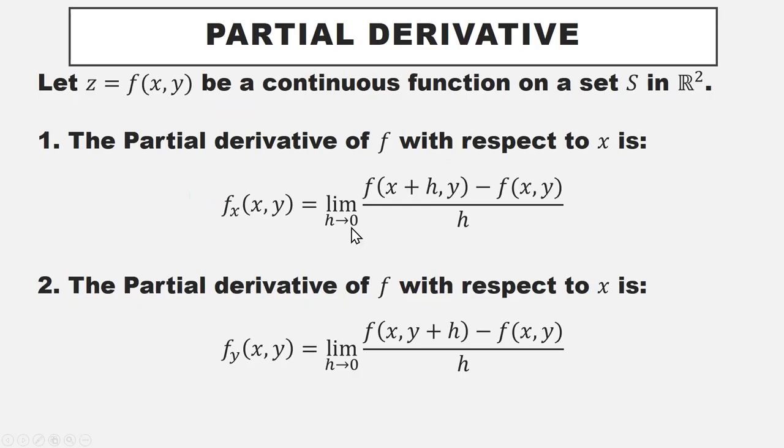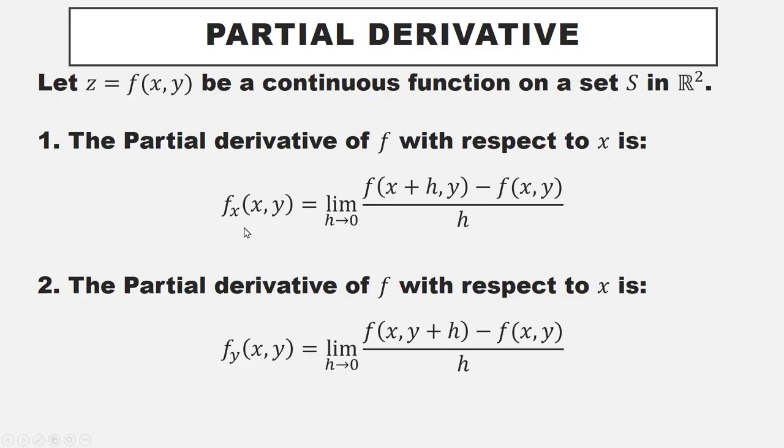Limit as h goes to 0 of f of x plus h comma y minus f of x comma y divided by h. Notice that what we're doing is we're keeping y the same, and we're letting x change by a very small amount. So this is telling me how much my output is changing as I'm changing my x.